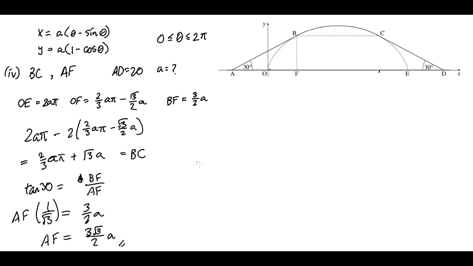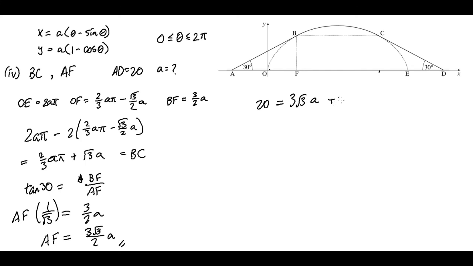And finally, given that AD is 20, it is equal to AF, no, actually, yeah, AF plus BC plus another AF, so 2 AFs, which is 3 root 3 a, plus BC.